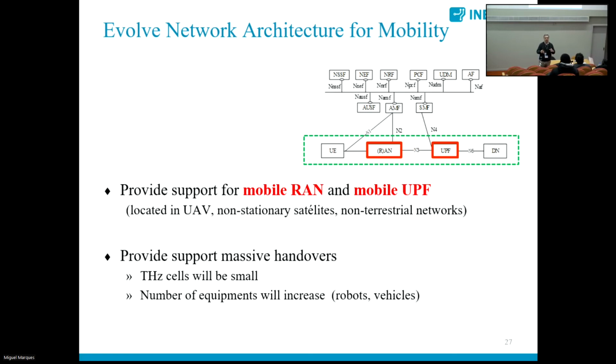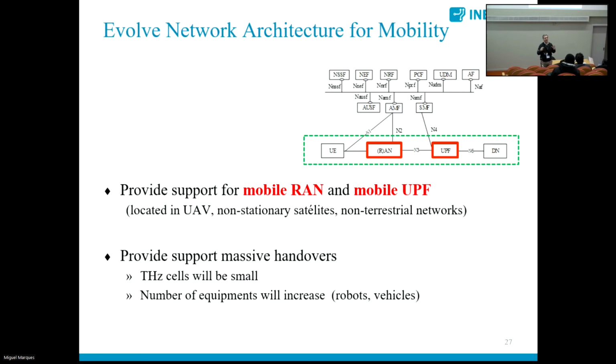So the mobility of the communication infrastructure as a whole is very important, and particularly in this type of networks, which we call non-terrestrial networks, which consist of satellites that may be not very high altitude, they may be non-stationary, or high altitude platforms, or even UAVs.